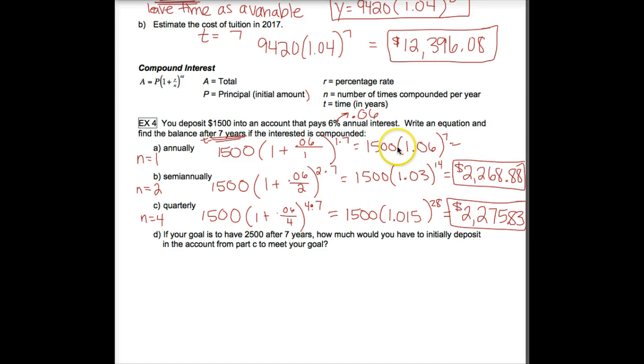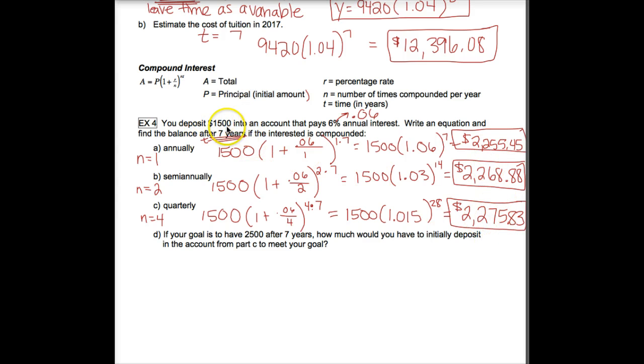And so now I'll put this into my calculator, and that is going to give me, hopefully, if you've done it correctly, $2,255.45.